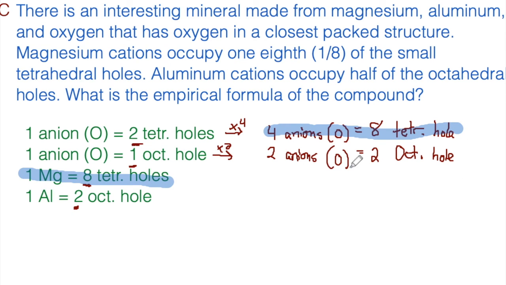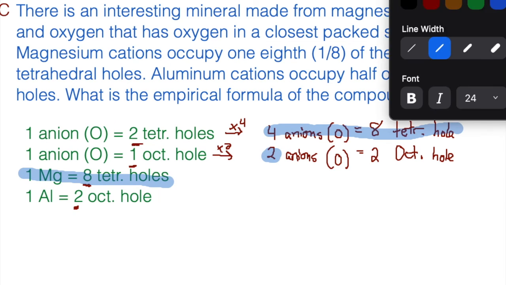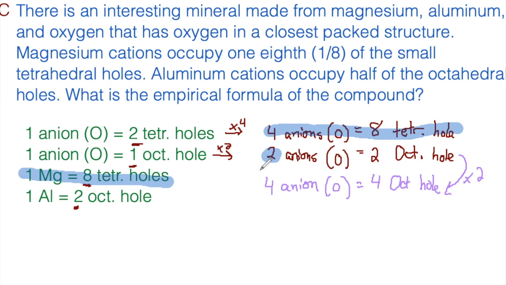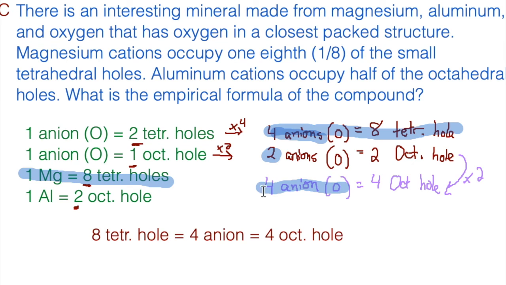So the one thing that's not matching is the octahedral holes. So I'm going to go ahead and make this match. So right now I only have 2 anions. I'm going to go ahead and double that. Then I'll have that 4 anions is 4 octahedral holes. And the reason I did that is so that the 4 anions would match the 4 anions here.